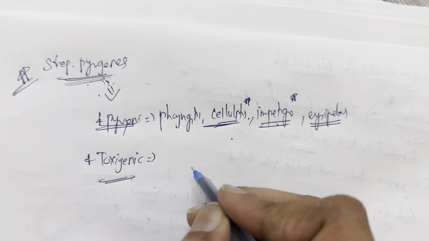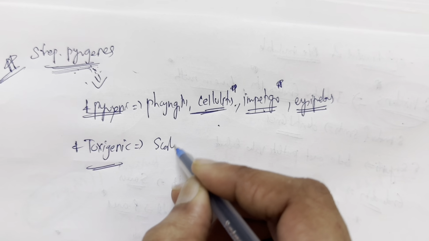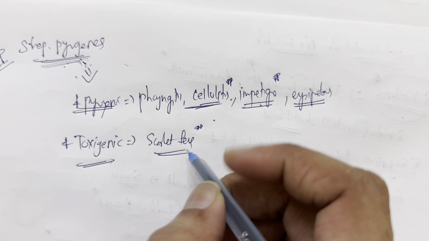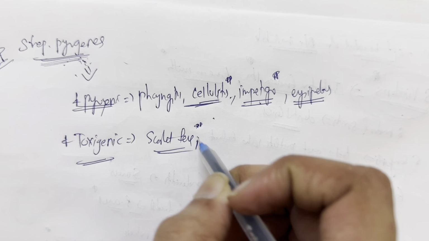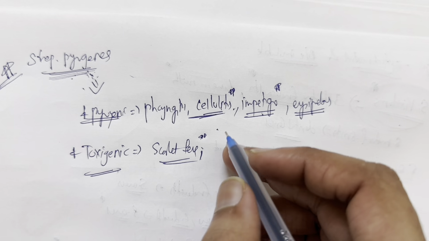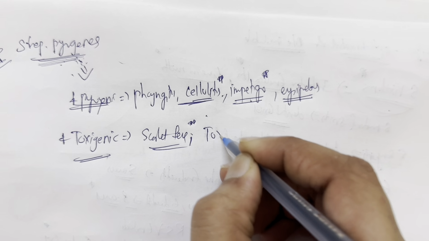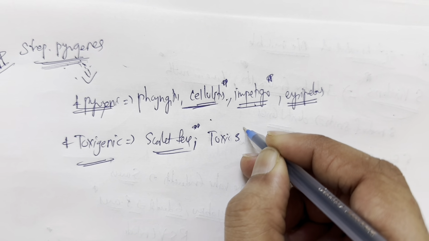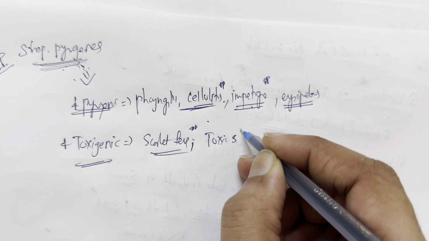Now I'm talking about toxigenic symptoms. Scarlet fever. Can you remember how the tongue in scarlet fever looks? Yes, it's the strawberry tongue. It's also a very important image. I want you to look it up if you don't know how a strawberry tongue looks. It's been asked several times in several examinations.